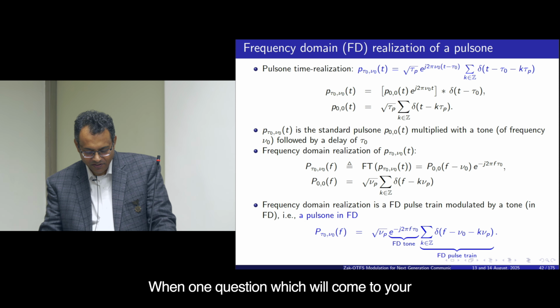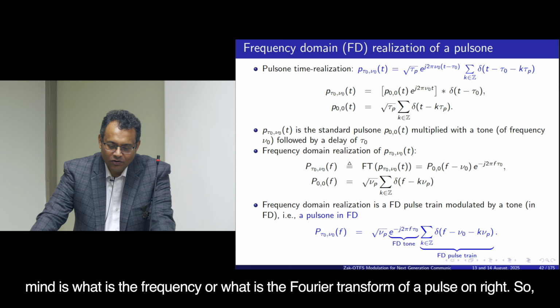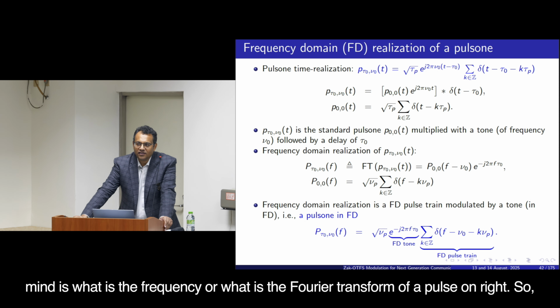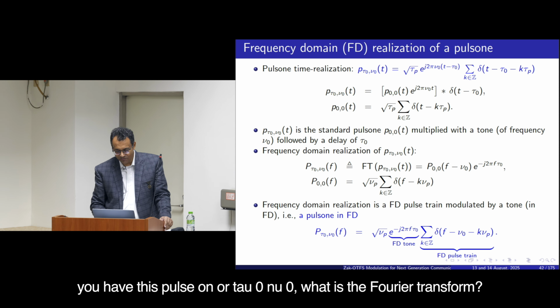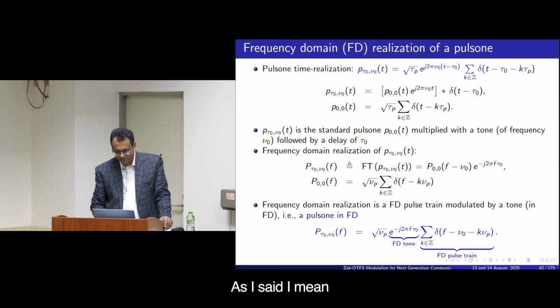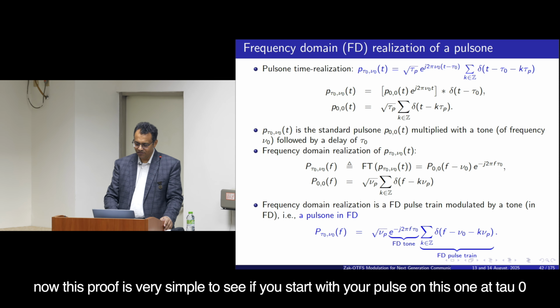One question which will come to your mind is, what is the Fourier transform of a pulson? So you have this pulson at tau 0, nu 0, what is its Fourier transform? The proof is very simple to see.